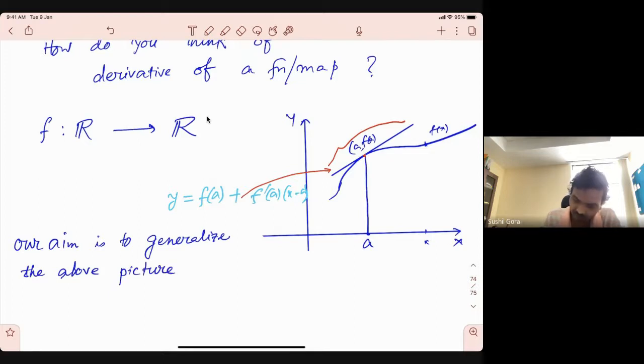So we need to generalize this portion, and we need the equation as well. We can tell this is Taylor's expansion because we know a lot more about functions from R to R. But from R2 to R, we don't know much. We know that the derivative means a linear transformation.